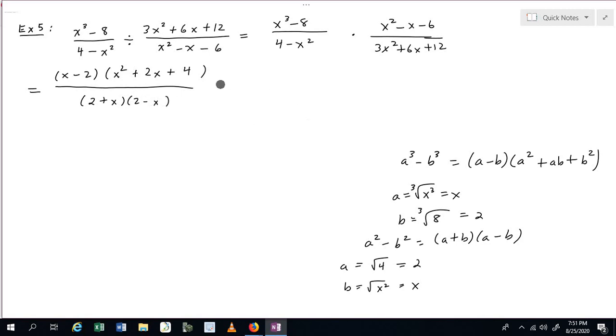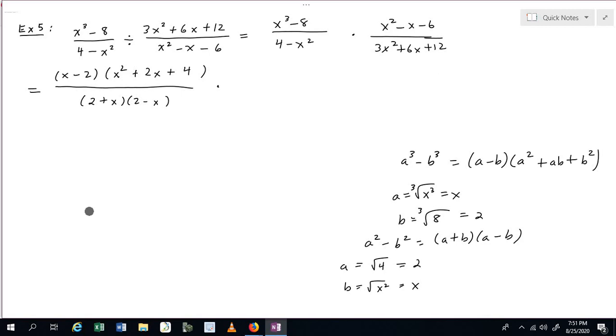And then times, now we're going to factor this trinomial. By the way, there's nothing in common except 1. But this is an easy trinomial because the leading coefficient is 1.